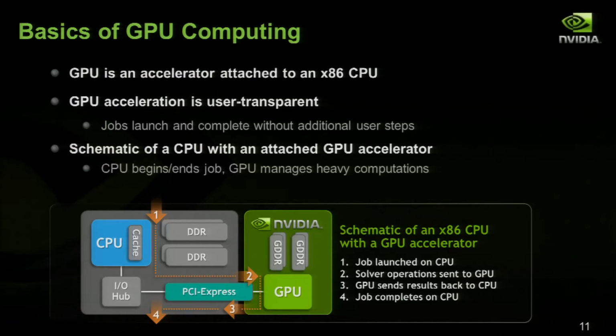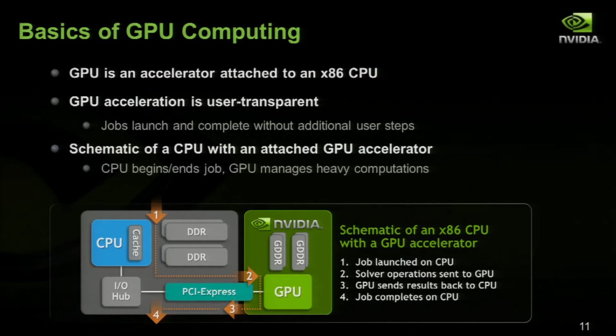ANSYS has been around for more than 25 years, almost 30, and has millions of lines of code running today on CPUs. But if you can move some of that code to GPUs and use the GPU as an accelerator, that can deliver benefits to CAE users.